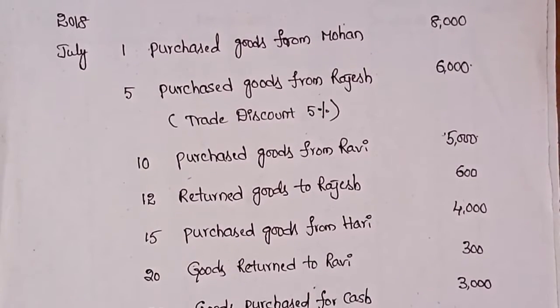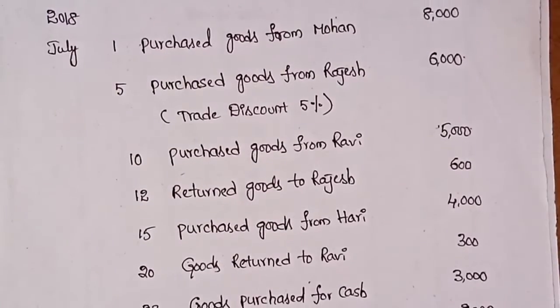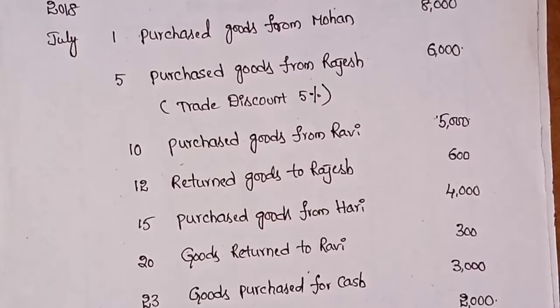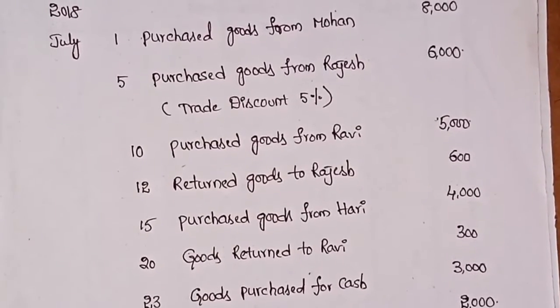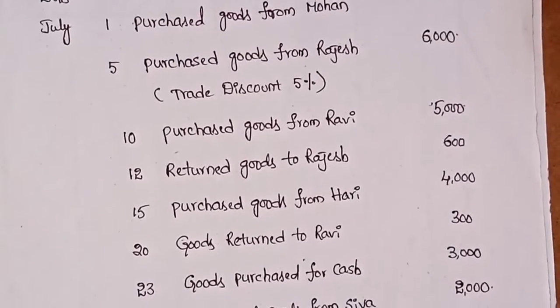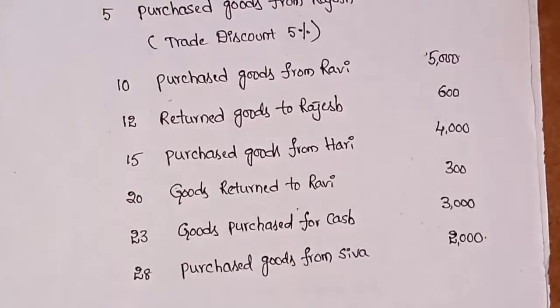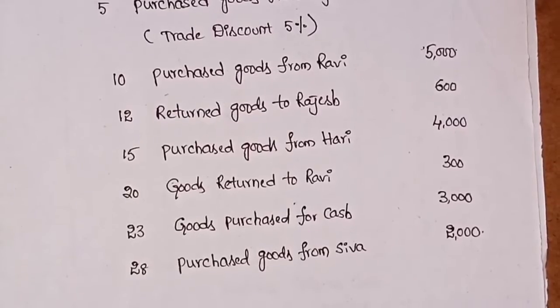Next, 10th, purchased goods from Ravi 5,000. July 12th, returned goods to Rajesh 600. Next, 15th, purchased goods from Hari 4,000. Next, 20th, goods returned to Ravi 300. Next, 23rd, goods purchased for cash 3,000. 28th, purchased goods from Shiva 2,000.